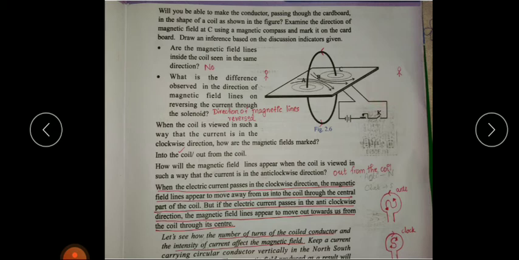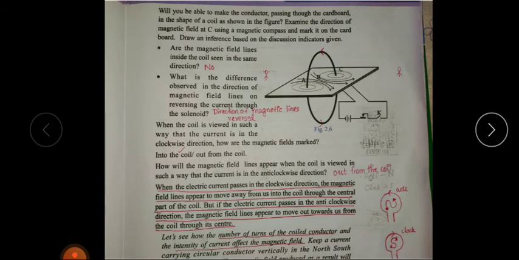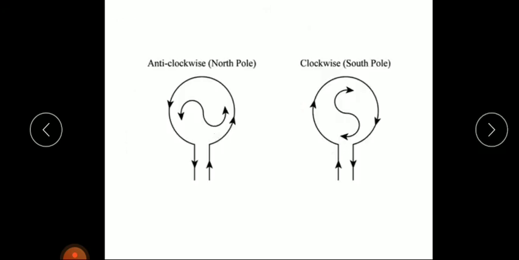When the coil is viewed in such a way that the current is in the clockwise direction, how are the magnetic fields marked? So when the current is seen in the clockwise direction, the magnetic field lines appear to be entering into the face. Is it?